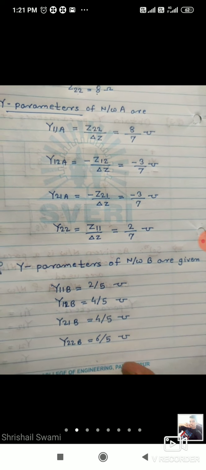So finally you can add according to the parallel combination. So how to add now?